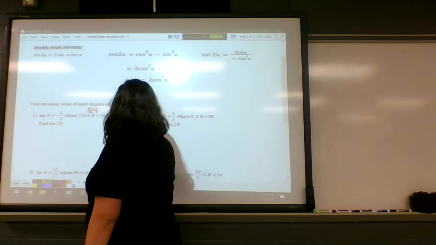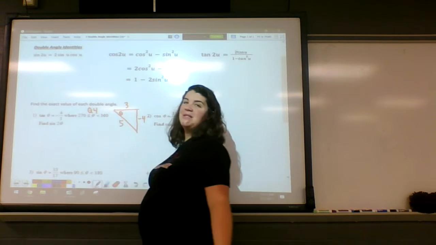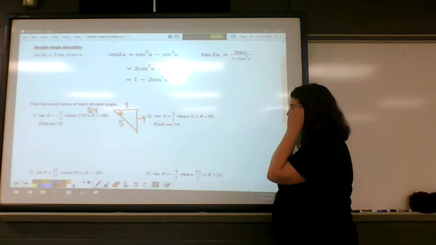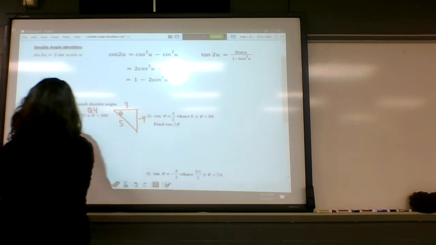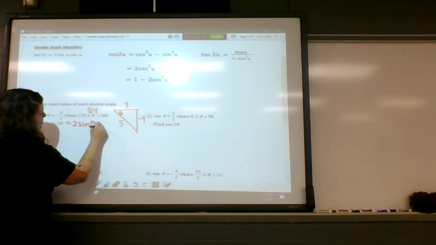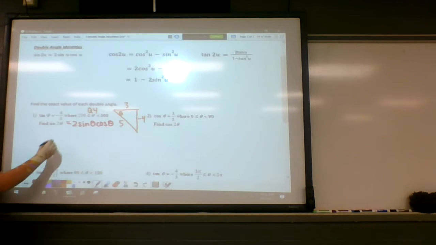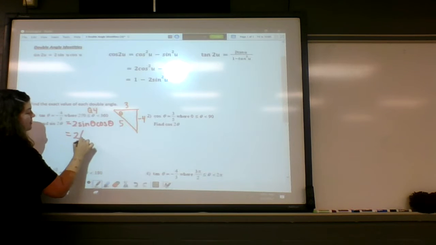5, right? All right, and we want to find the sine of 2 times that angle. So whatever that angle is, we want the sine of 2 times it. So here's what it is. It's equal to 2 times the sine of theta times the cosine of theta. That is the identity. So this would be 2 times the sine of theta.